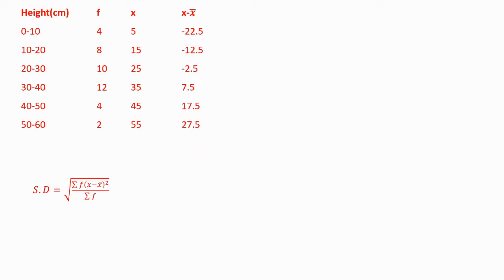Then we are going to square the x minus the mean. We have 506.25, 156.25, 6.25, 56.25, 306.25, and 756.25. Then we shall multiply the f times the x minus the mean squared.